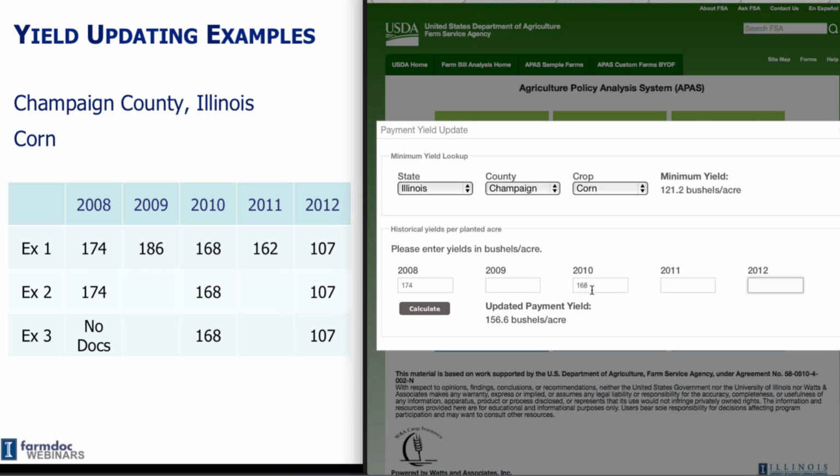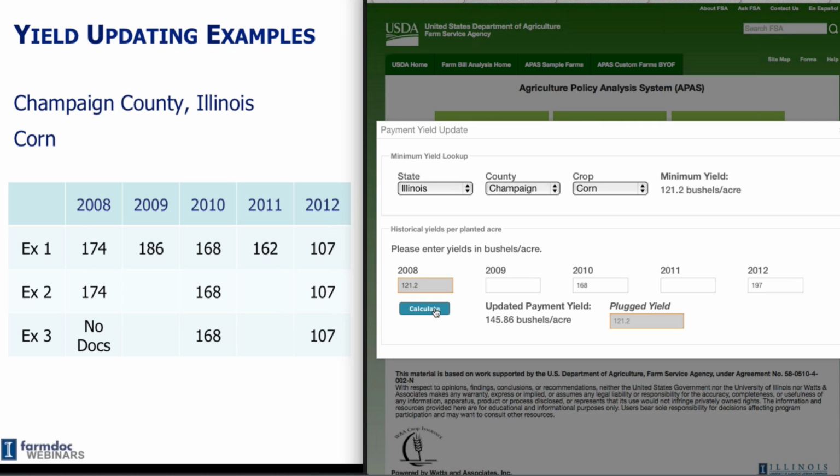Our third example here, example 3, is you have no documentation for 2008. And acres were planted in that year, but you don't have the documentation to support that. And let me give you an example for how that may be. A farm may have been rented to a new operator in 2009, 10, 11, and 12, old operator in 2008, and you can't get the yield information. In that case, if there's no yield information, the plug yield will be used in that calculation.